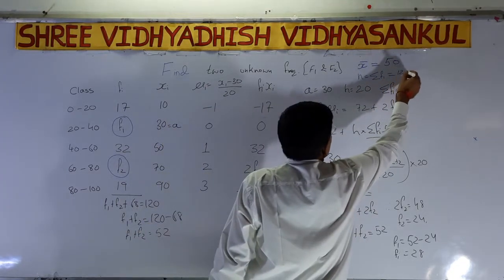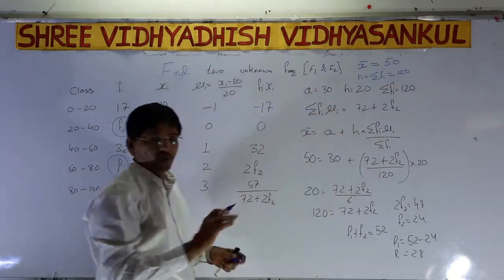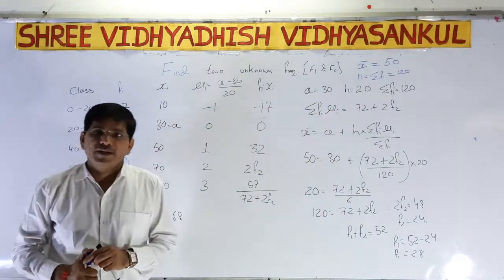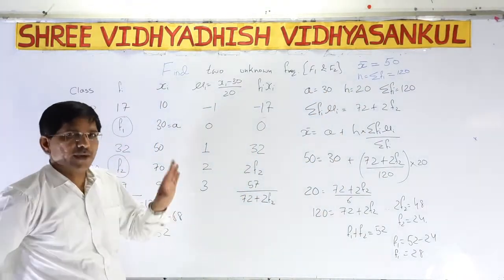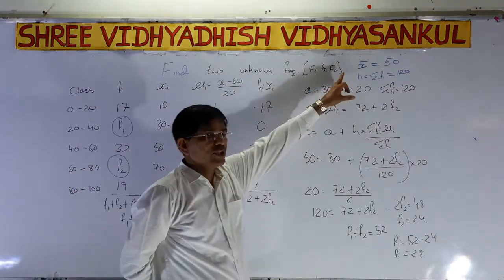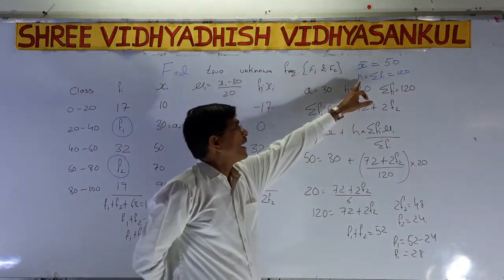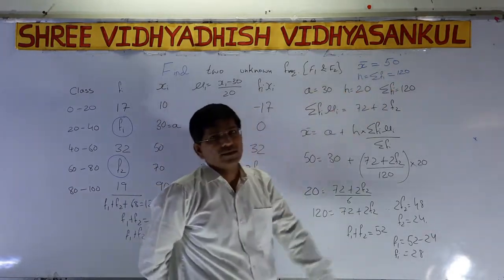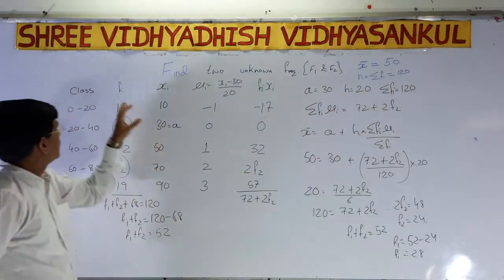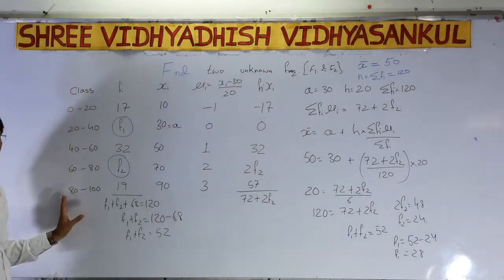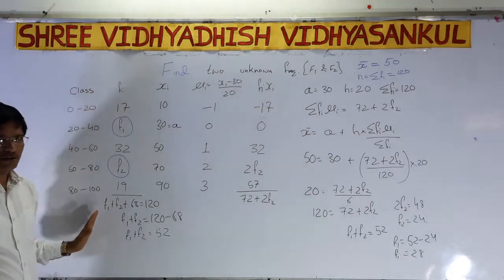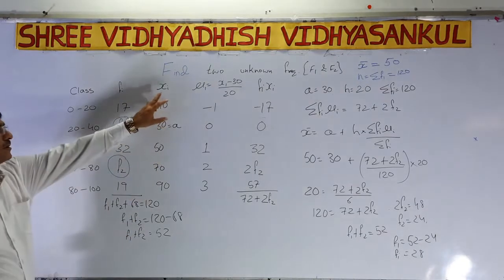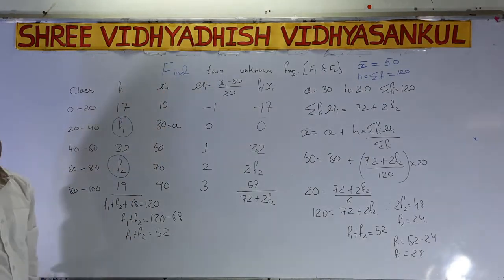When we have to find two unknown frequencies, always remember that the mean is always given, and the number of frequencies, sigma Fi, is always given, and the class is also given, the frequency is also given. What do we have to find out? First of all Xi.